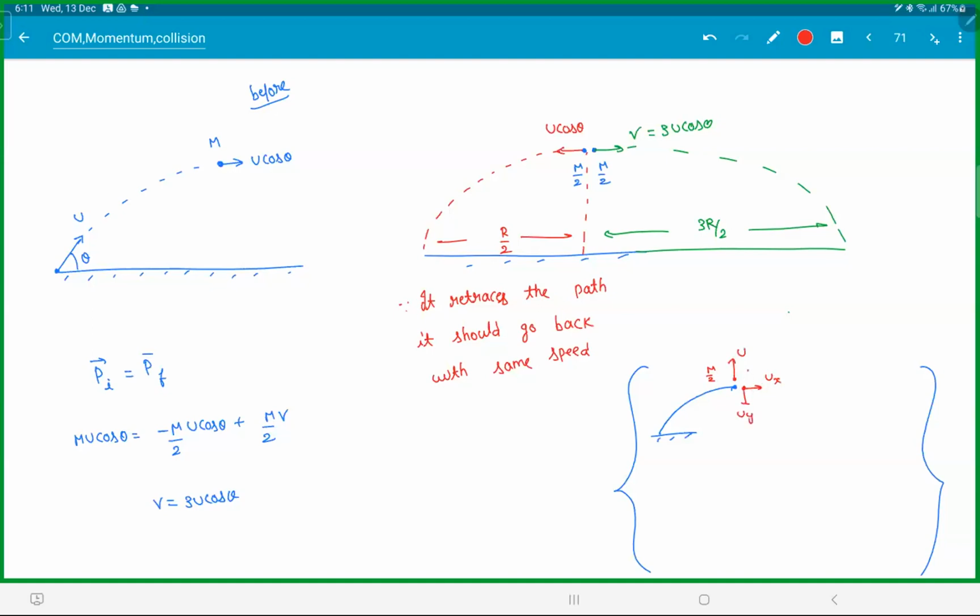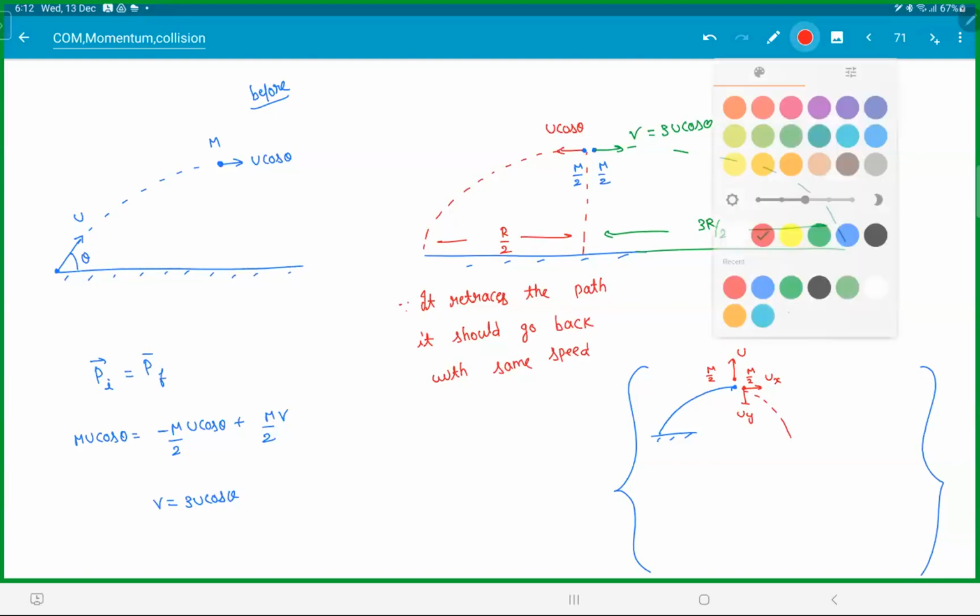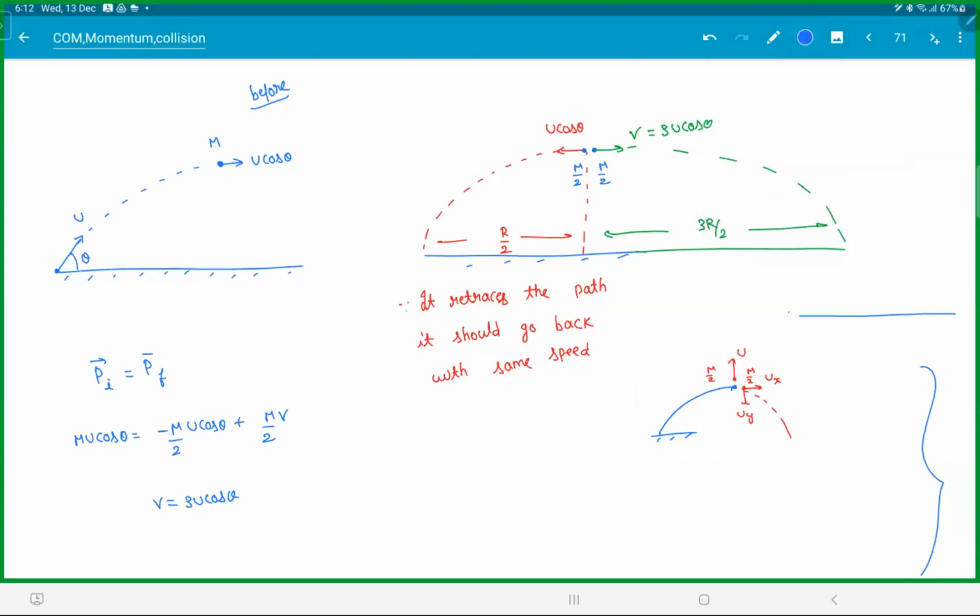In this case, it will go and land somewhere here. So if the particle does not come back, but flies in some other random direction, then you have to conserve momentum in the vertical direction and horizontal direction. Then this question will be completely different. So this is the case if the particle goes in some other direction.